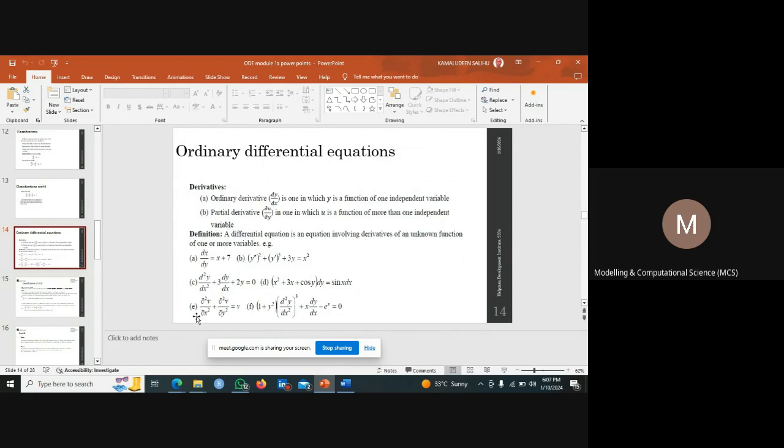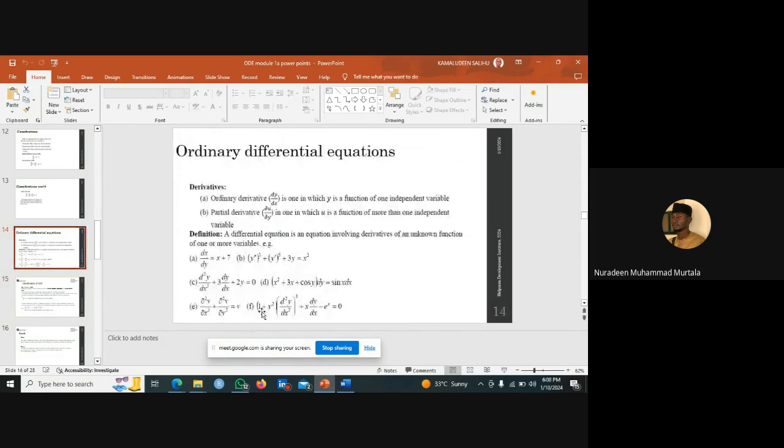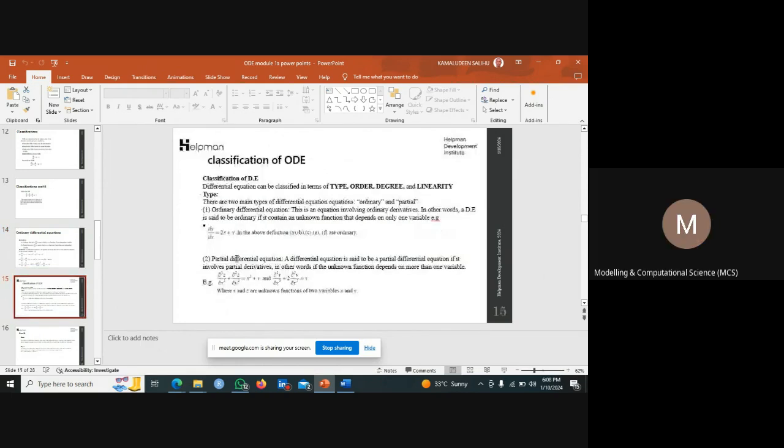Except only for E, which is not an ordinary differential equation. What of D? Yes, D also is an ordinary differential equation, that is when you divide both sides by dx, right? Yes. Thank you.